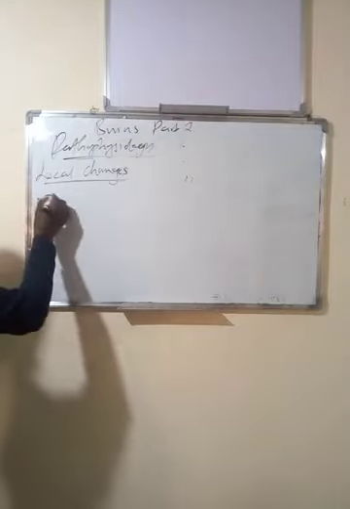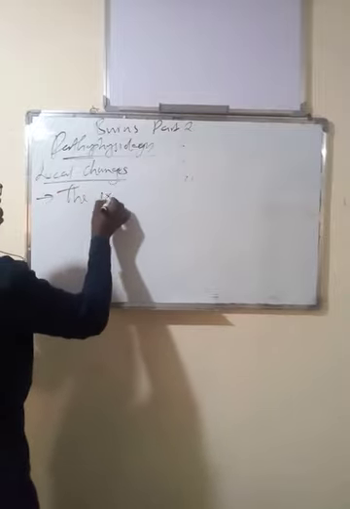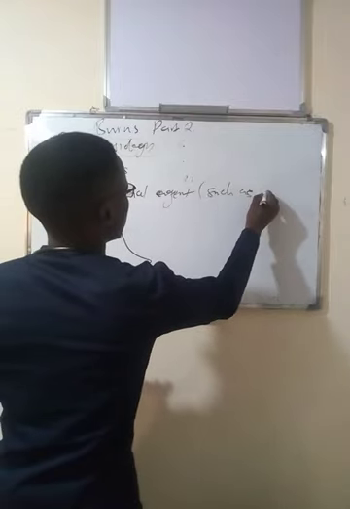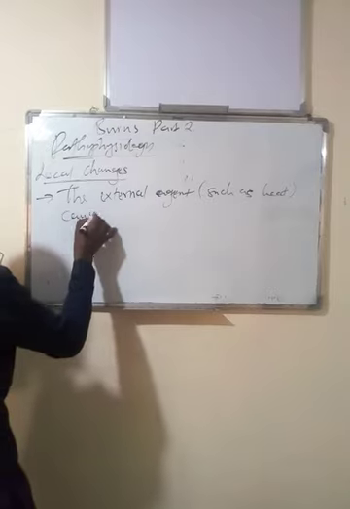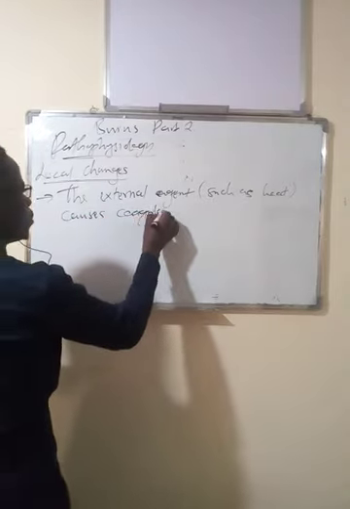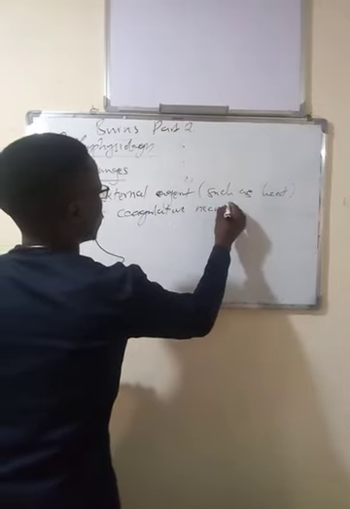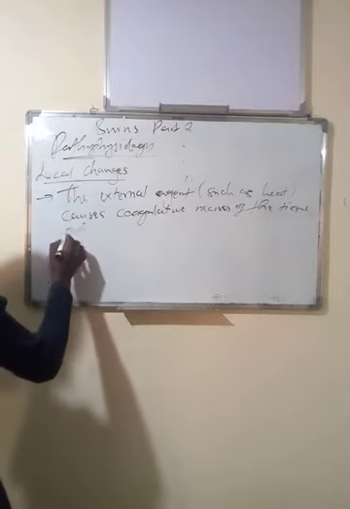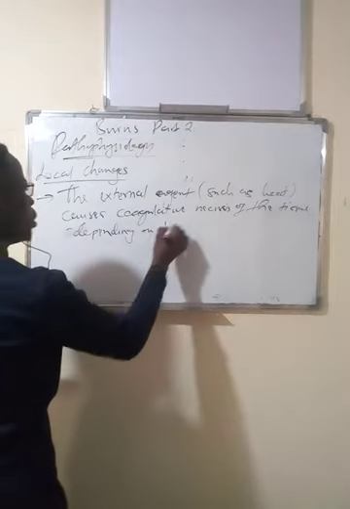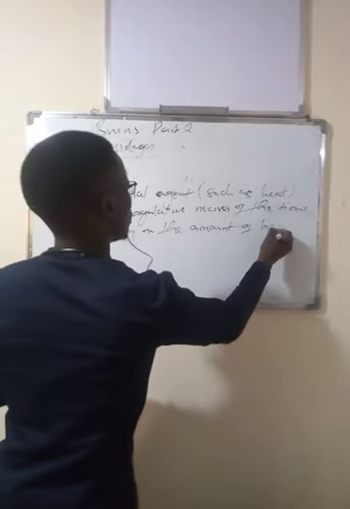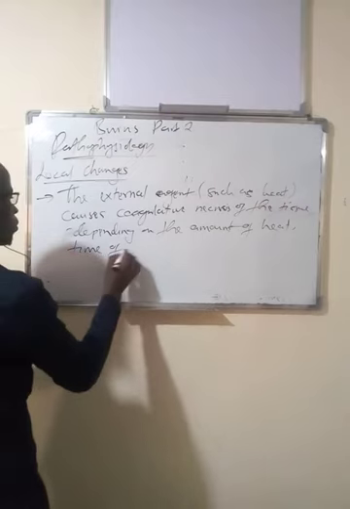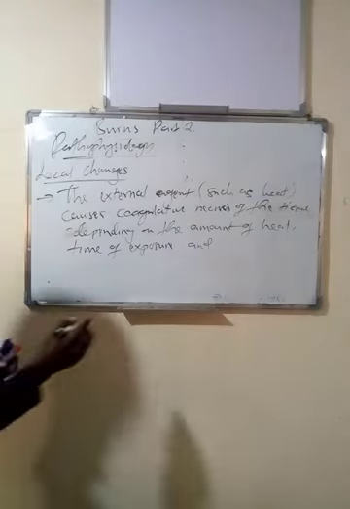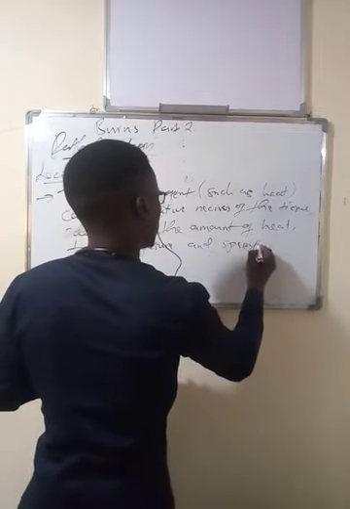So the external agent, such as heat, causes coagulative necrosis of the tissue, depending on the amount of heat, the time of exposure, and the specific source of heat.